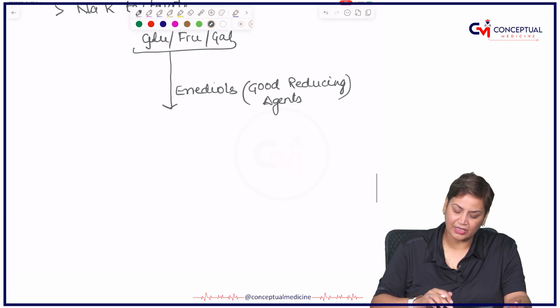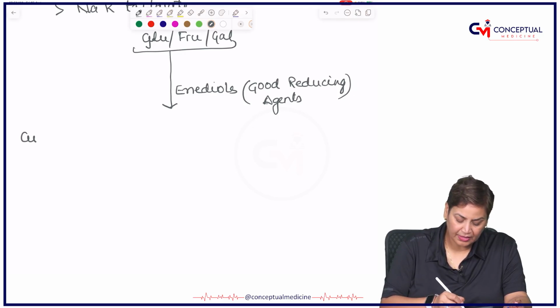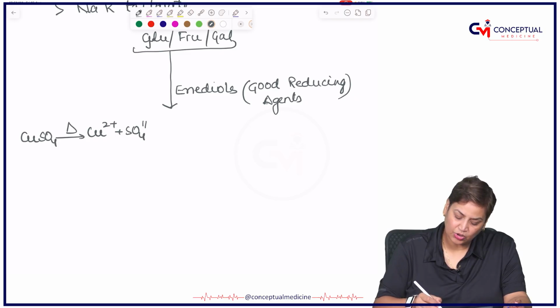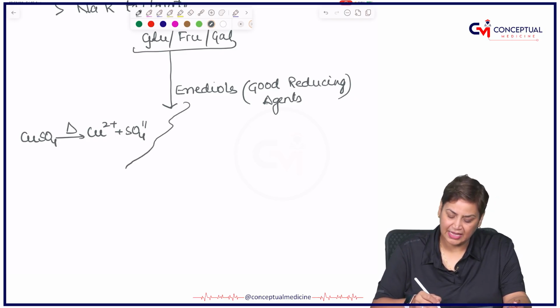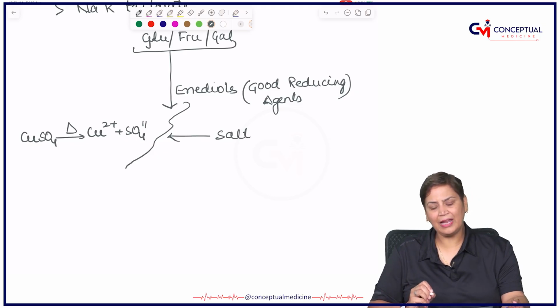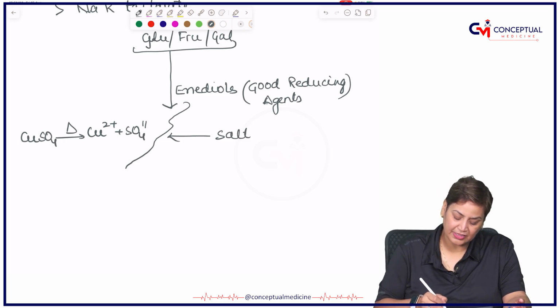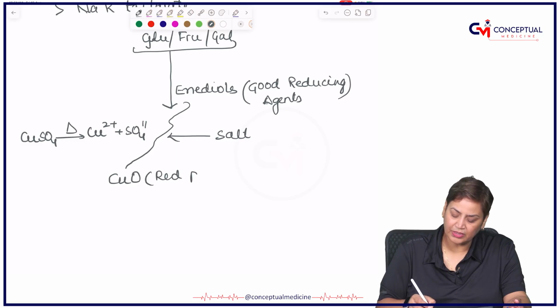On the other hand, what is happening is this copper sulfate on heating is being dissociated into cupric and sulfate ions. Right. So enediols are coming from this and a salt is already there. So what will happen is these cupric ions will be reduced to cuprous, and basically we get red precipitates of cuprous oxide.